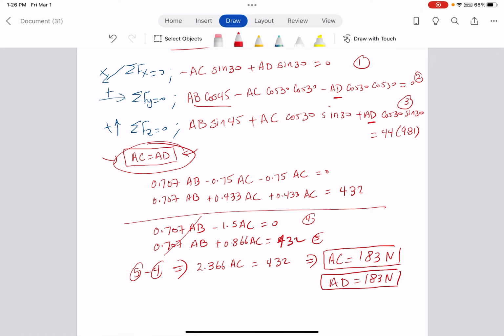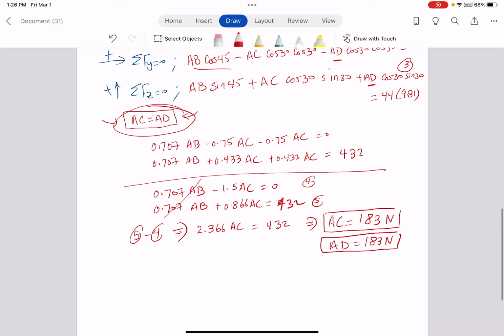And now, let's go to equation 4. 0.707 AB minus 1.5 AC, AC is 183, equal to 0.